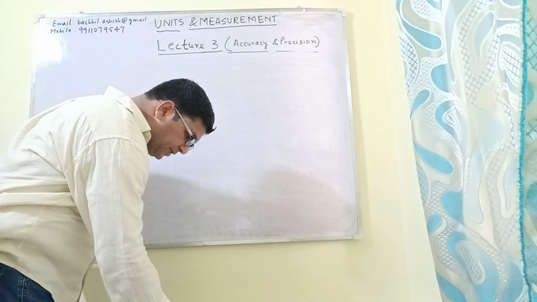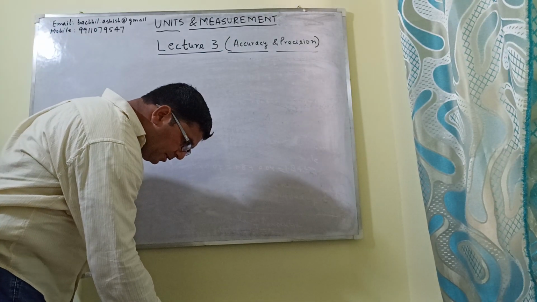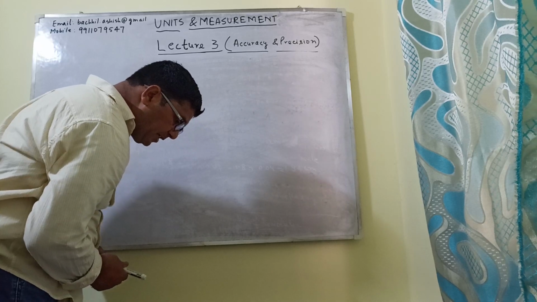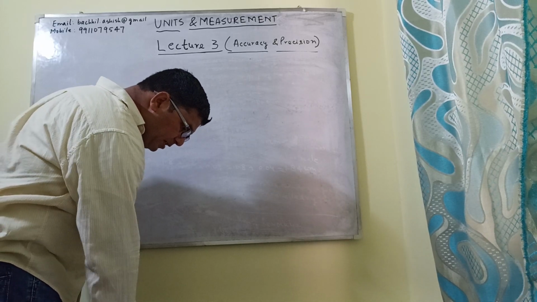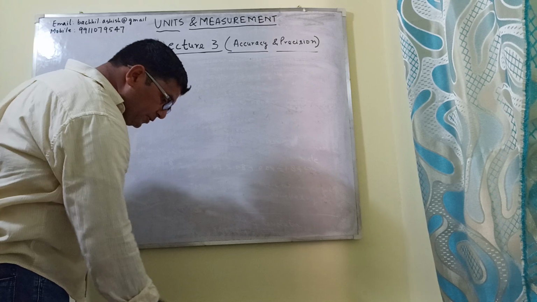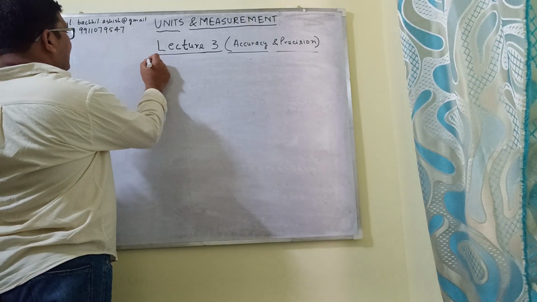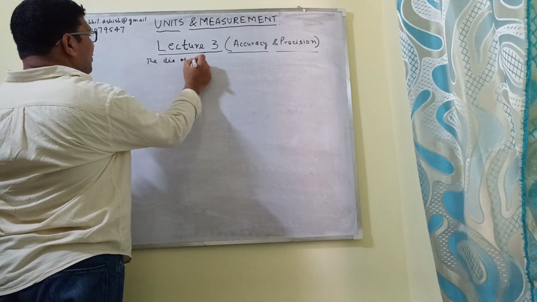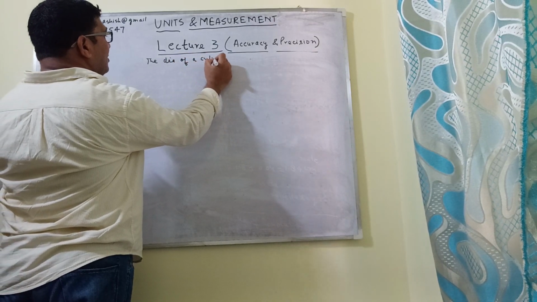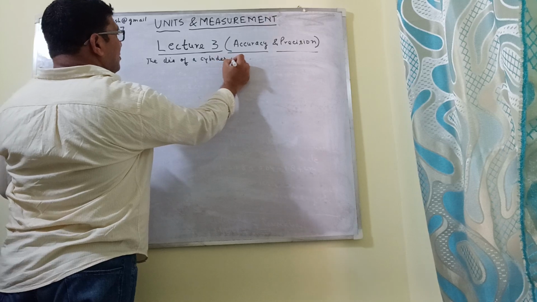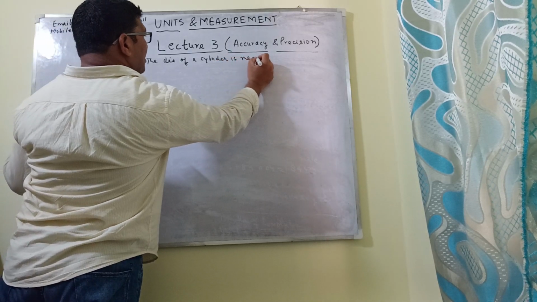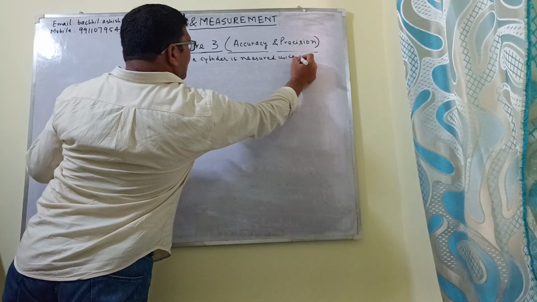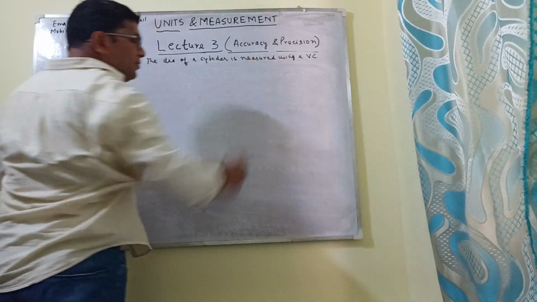Now we will do another question, another question where we will be finding the diameter of a cylinder. Now the diameter of a cylinder is measured using a Vernier caliper with no zero error. The diameter of a cylinder is measured using a Vernier caliper, which I am reading as VC.